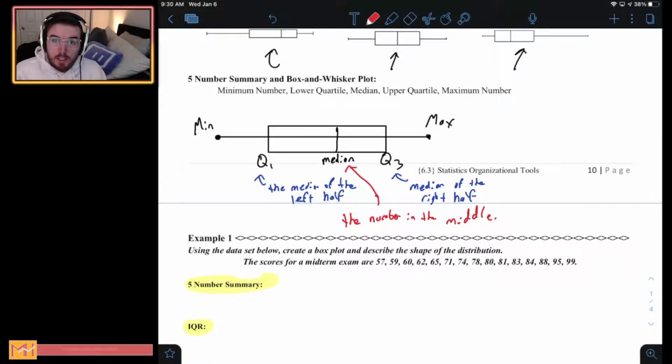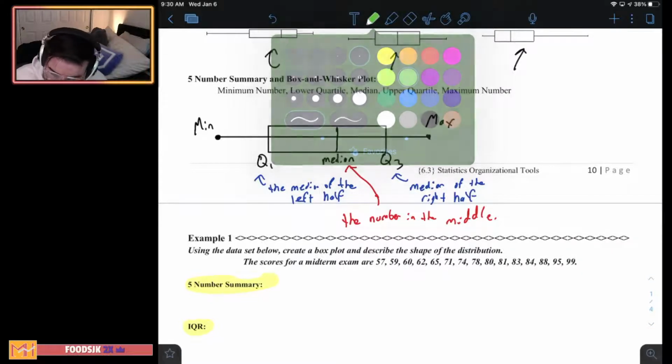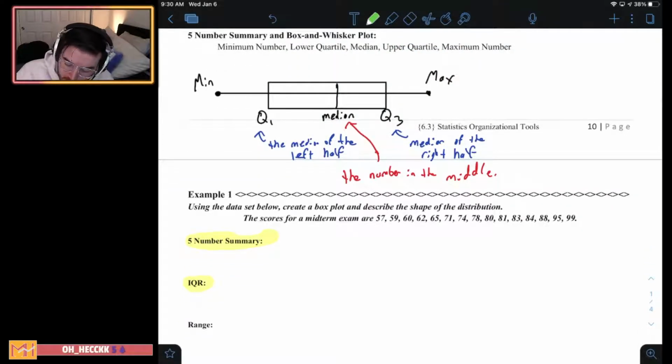All right, so let's actually talk about these numbers, instead of just speaking about definitions. Let's change colors. Here are the exam scores. There are however many scores there. I haven't counted them yet. Always make sure your data is in order.